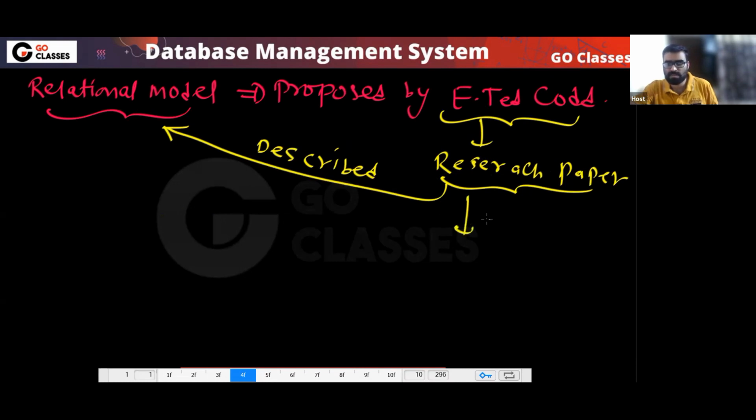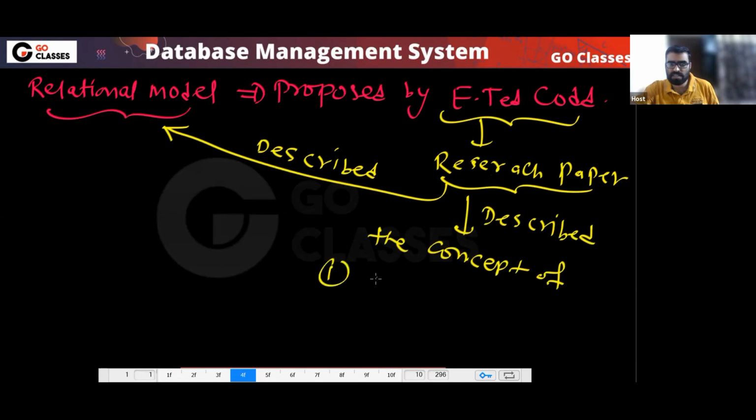So these concepts that we are studying, the functional dependency concepts, he described in this research paper. He also described partial functional dependency and transitive functional dependency, which we will study, don't worry.